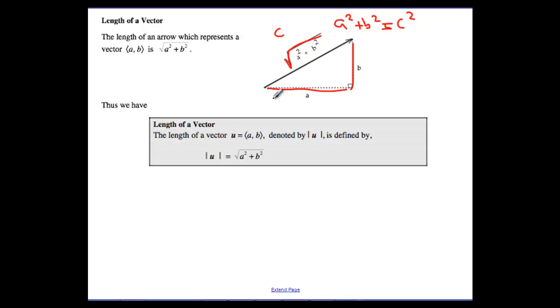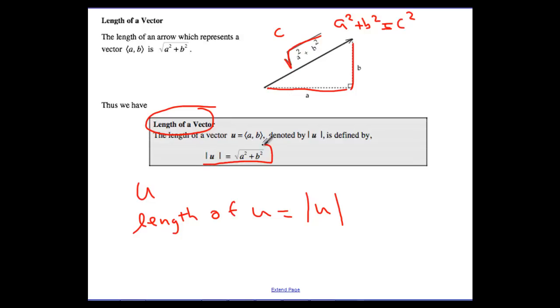And just as far as a definition goes, when we talk about the length of a vector, given the vector u, in shorthand, we write that the length of vector u equals the absolute value of u. And the absolute value means get rid of the direction. And like we saw before, it's just doing the Pythagorean theorem.